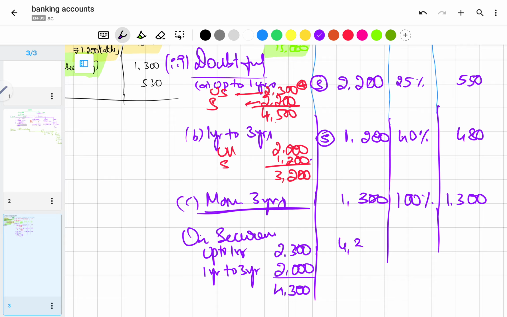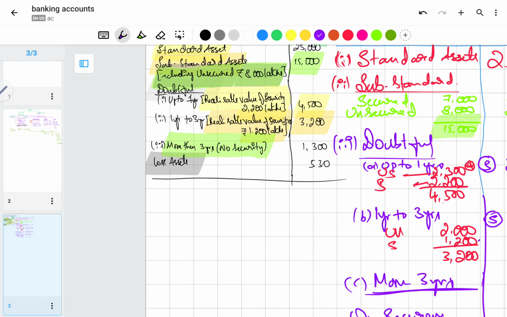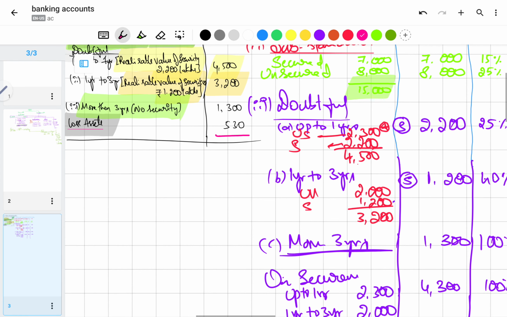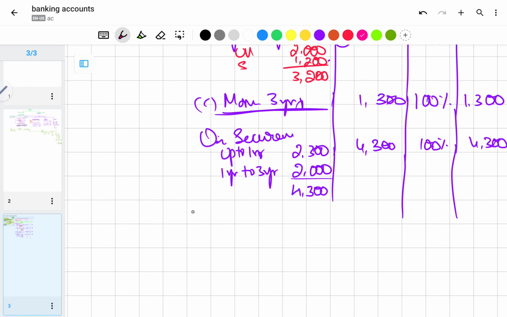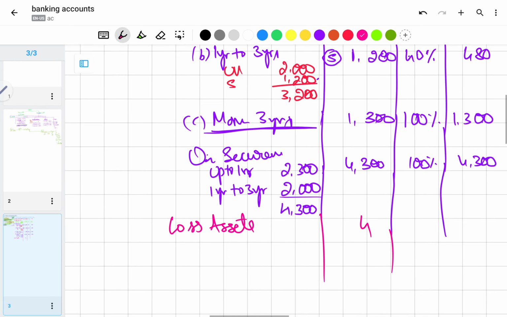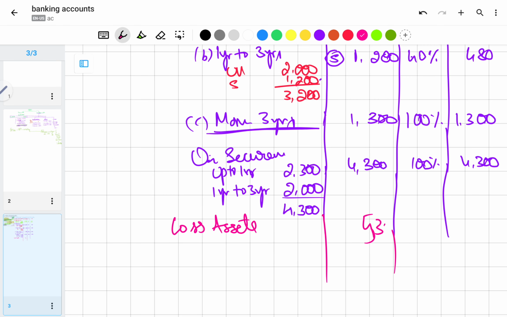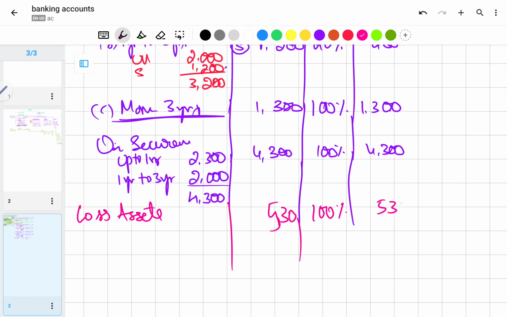The same I'm writing here, 4,300 into 100%, 4,300. Then we have loss assets, the last classification, 530 at 100%, 530.